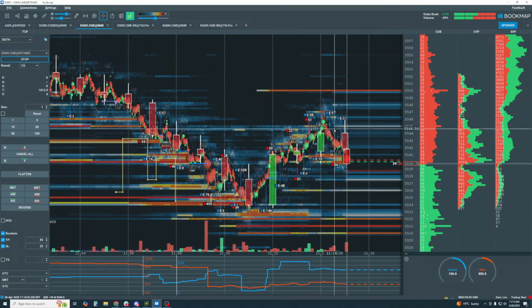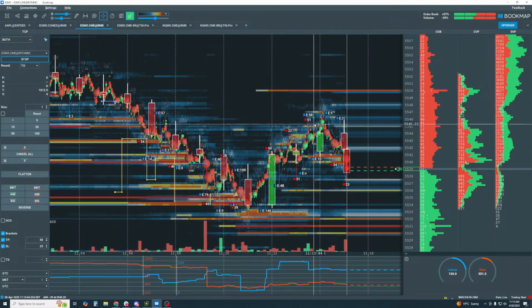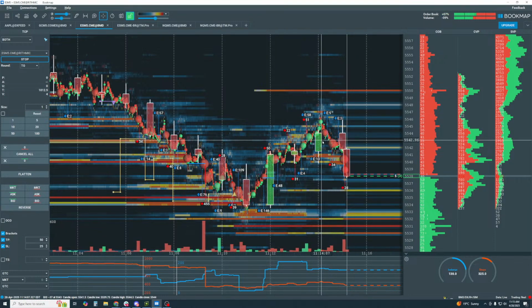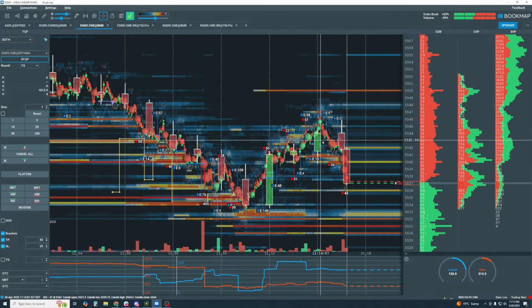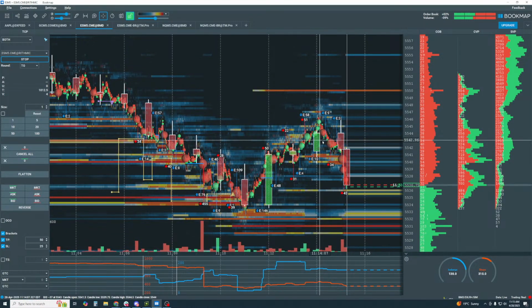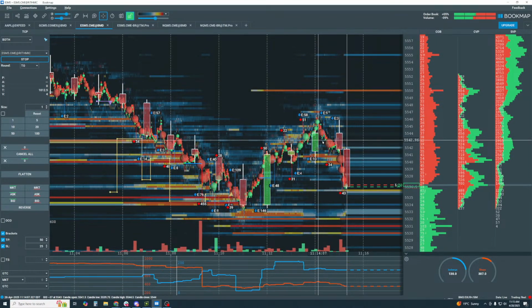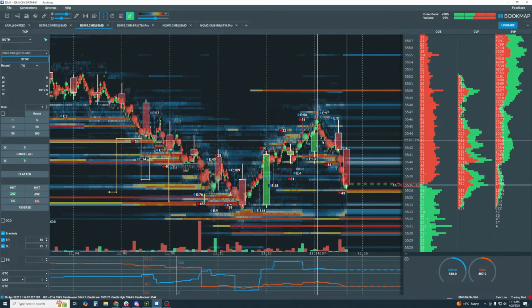Okay, now all we did was trade up into this 45, 46 level here, and now we're selling off. Okay, quite a bit of supply coming in, aggressive supply, the red dots.